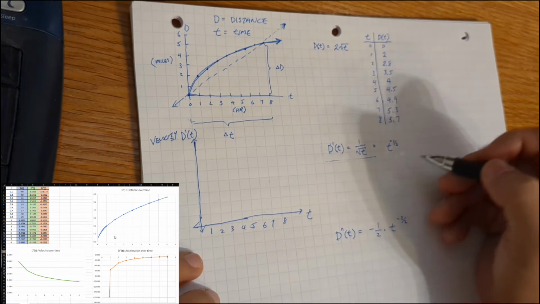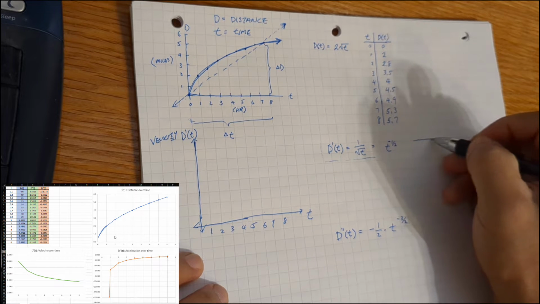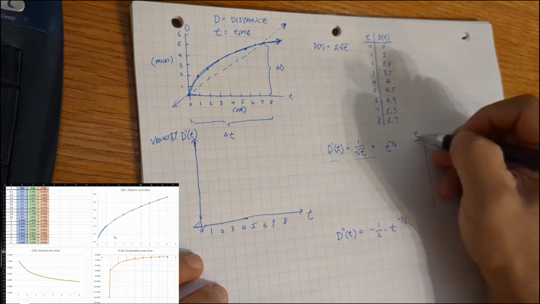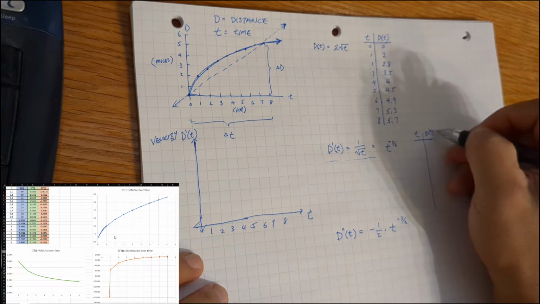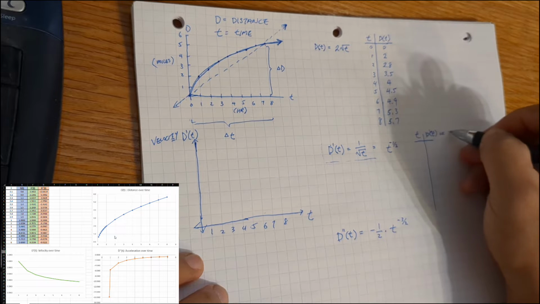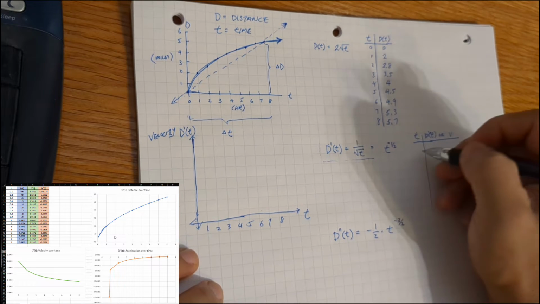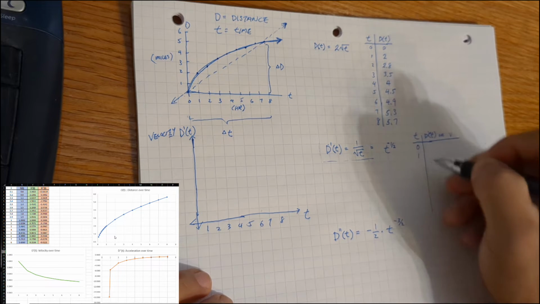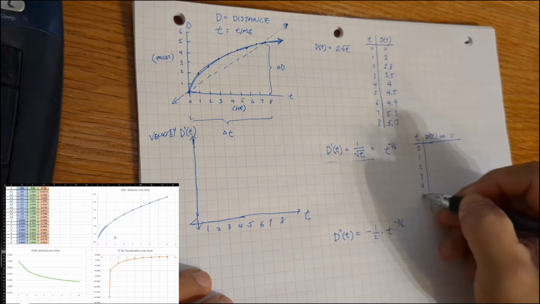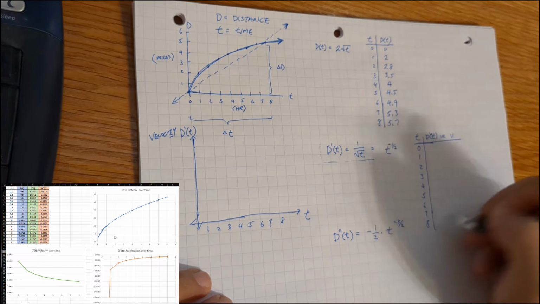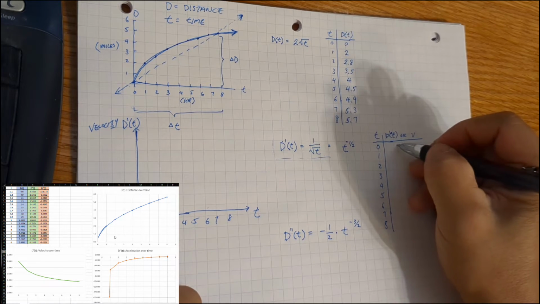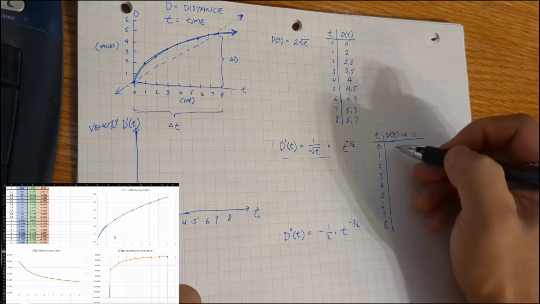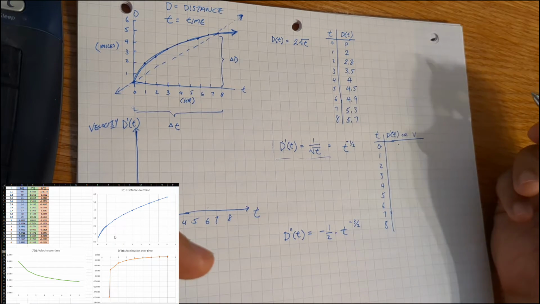All right, so if we plug in the formula, time and d prime of t, or velocity. You plug in 0 here, you'll get an infinite number.